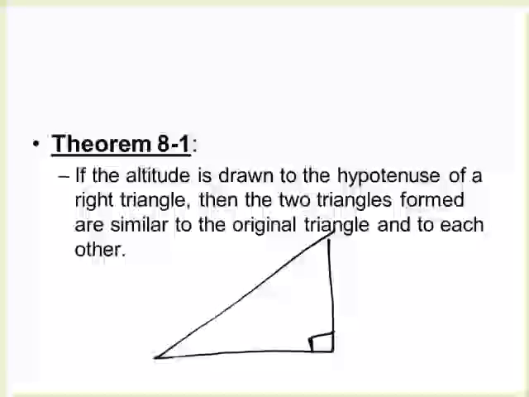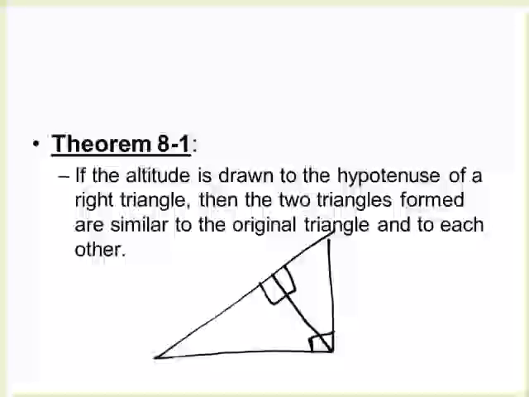So what I'm going to do is go from the right angle across to that hypotenuse at a perpendicular angle. When I do that, I now have three right triangles in this picture. I have the original big right triangle, and then when I drew that extra line into it, it made two more right triangles. So there are three right triangles in this picture now.